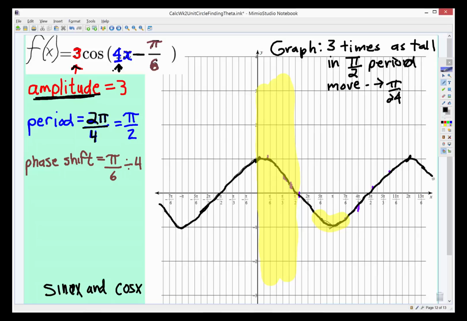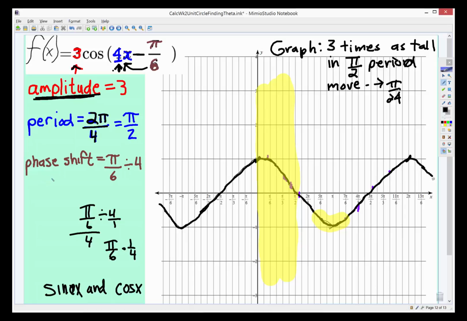However, for phase shift, you look at the amount that it's going to be shifted, and then you divide it by the coefficient to that x. So in this case, divided by 4. Well, pi 6 divided by 4, remember when you're dividing fractions, you flip the second fraction, and then it becomes pi 24ths.